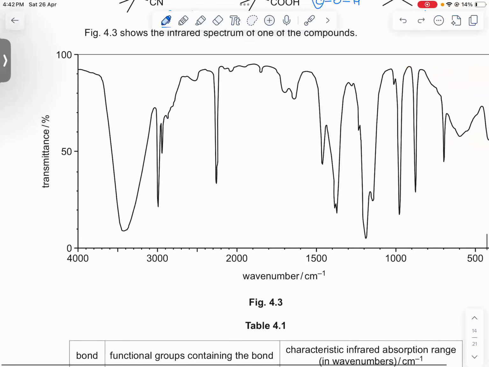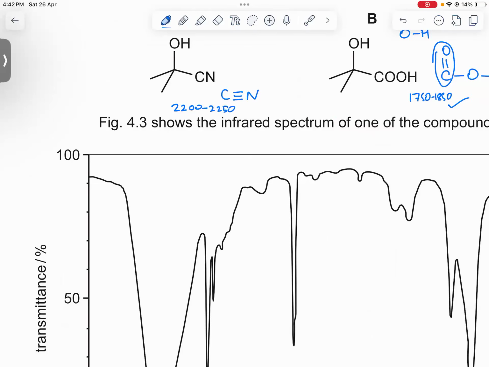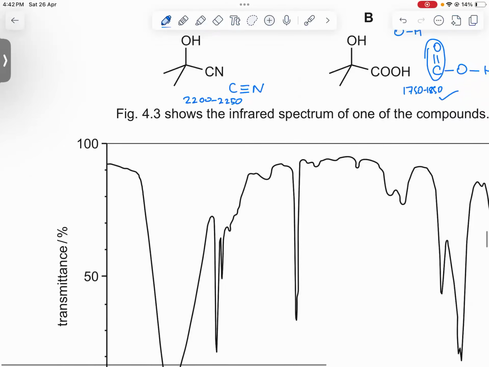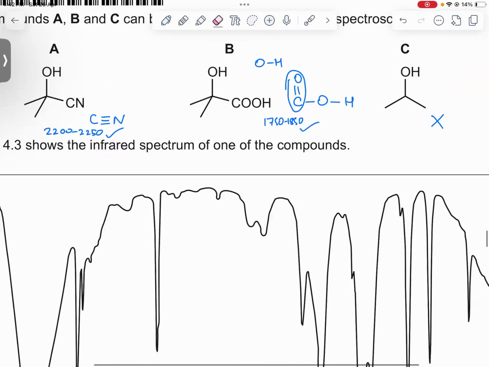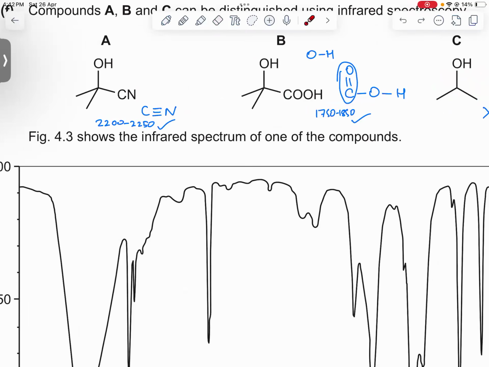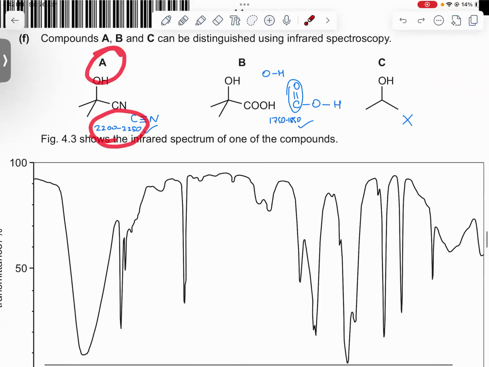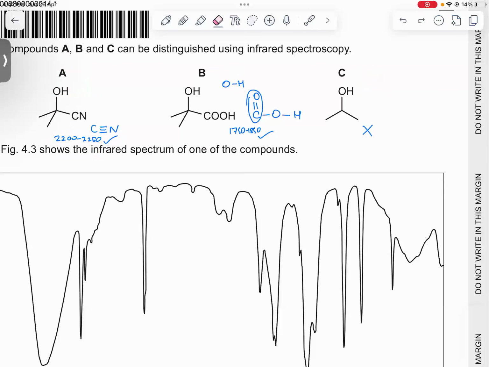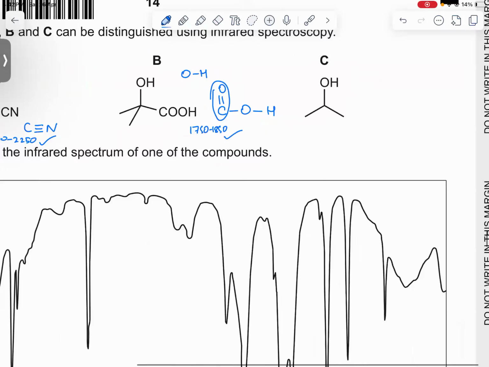So a frequency of 2200 to 2250 will only be observed in A. It will not be observed in B. It will not be observed in C because they do not contain the CN bond. And OH will show neither 2200 nor 1750.